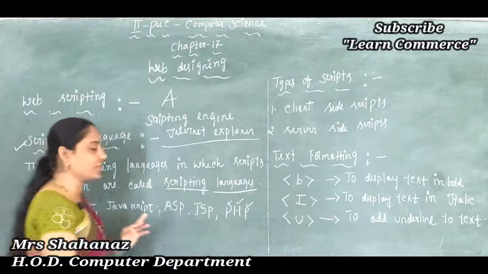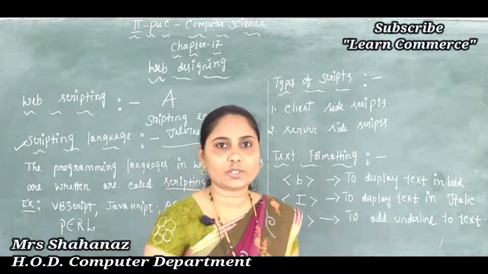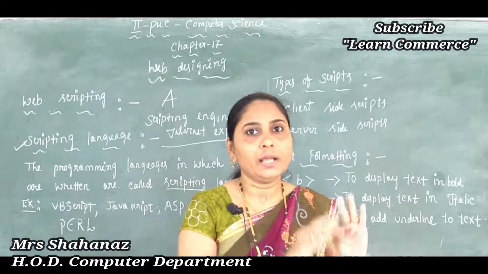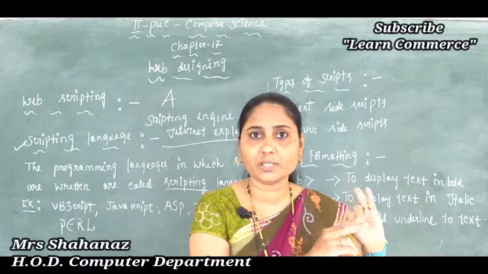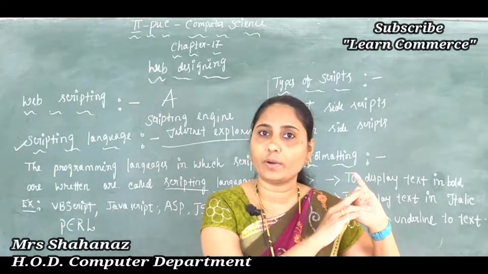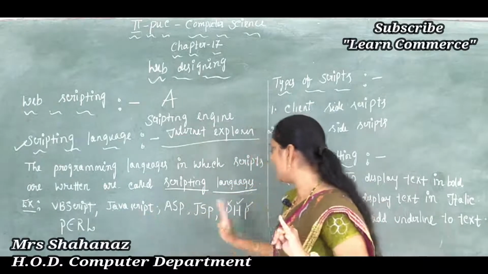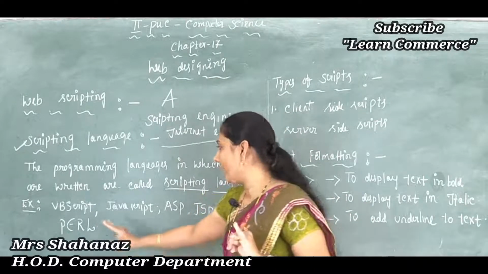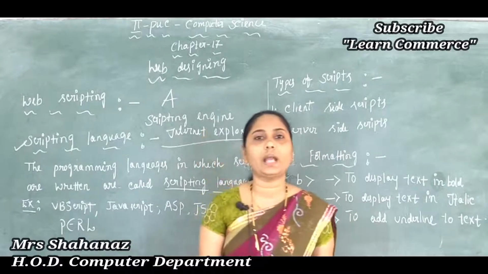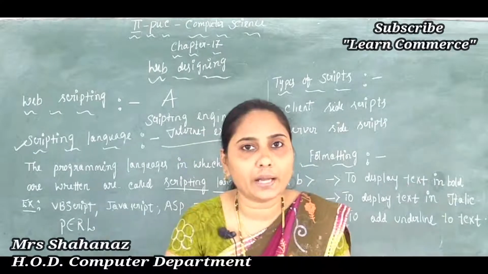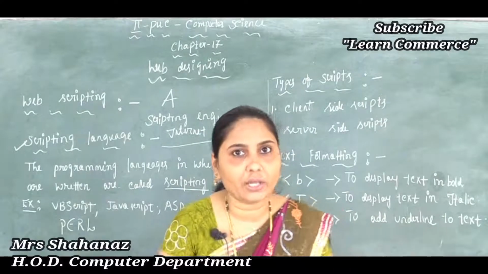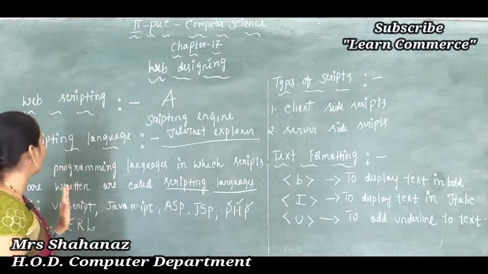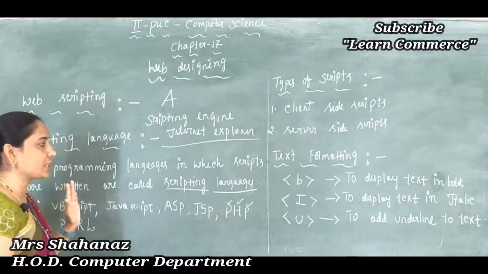Some examples of scripting languages are: first, VB script, JavaScript, ASP (Active Server Pages), JSP (Java Server Pages), PHP (Hypertext Preprocessor), and lastly PERL, the full form of which is Practical Extraction and Reporting Language.